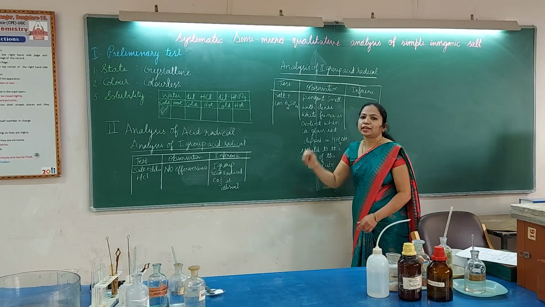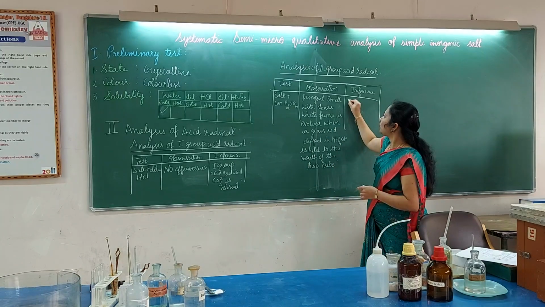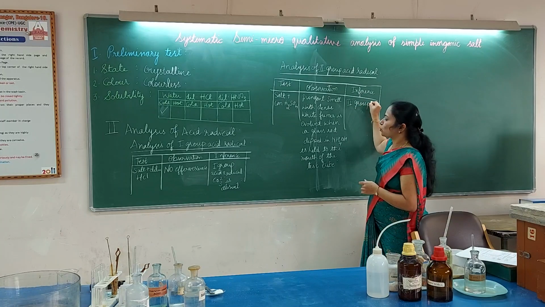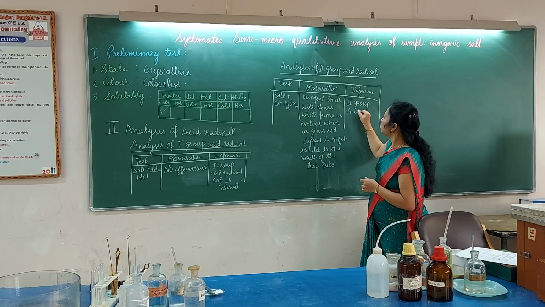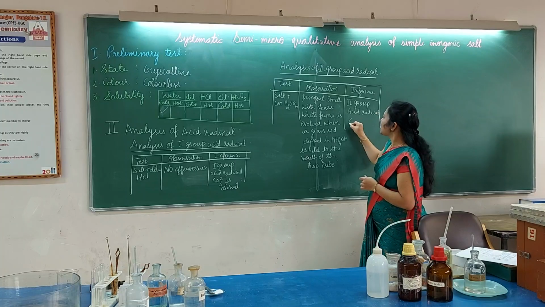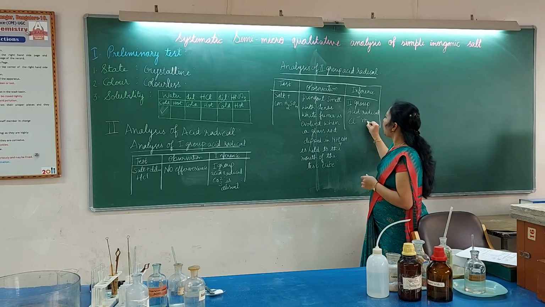So here in the inference you have to write second group. You have to mention the group as well. Second group acid radical Cl minus may be present.